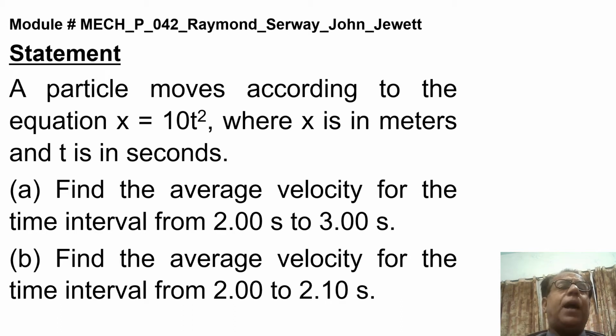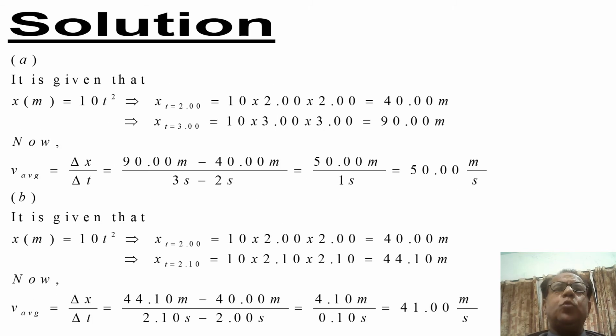Okay. Part B: find the average velocity for the time interval from 2.00 second to 2.10 second. Okay. Now we move on to next slide to see its solution.